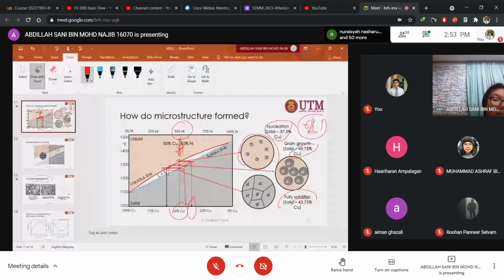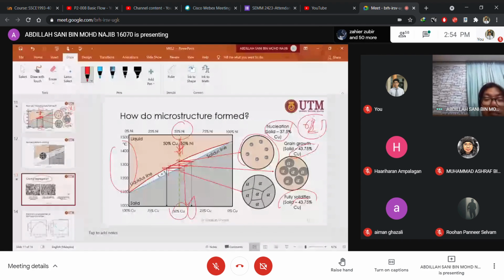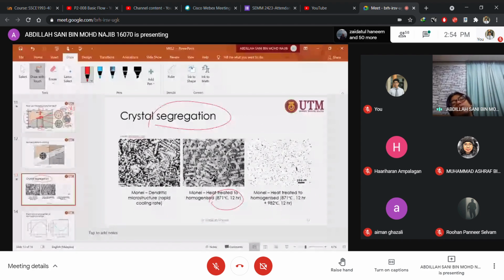When we heat the alloy at a high temperature but below the melting temperature, the atoms will diffuse and form a uniform structure, instead of this segregated one, where you have this dark colored and the bright colored phase. It looks like different phases, but actually it is a different composition.